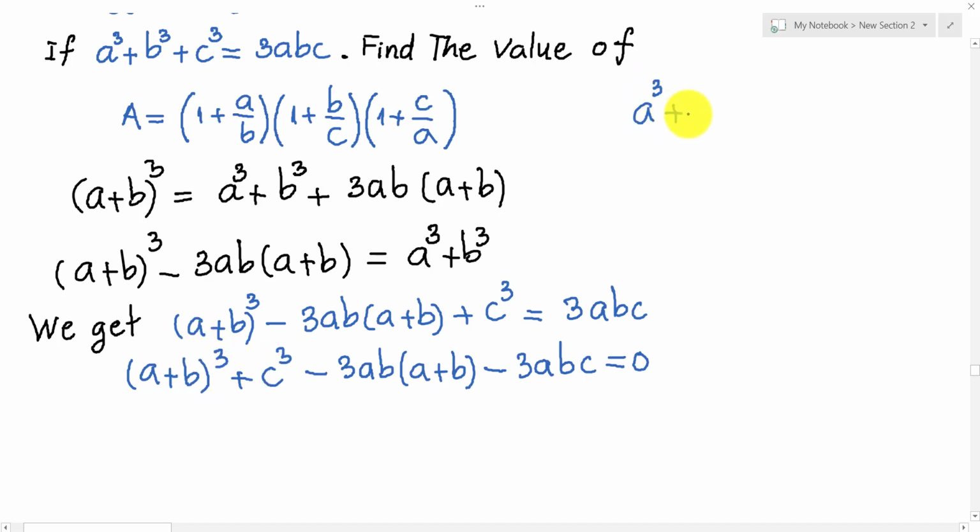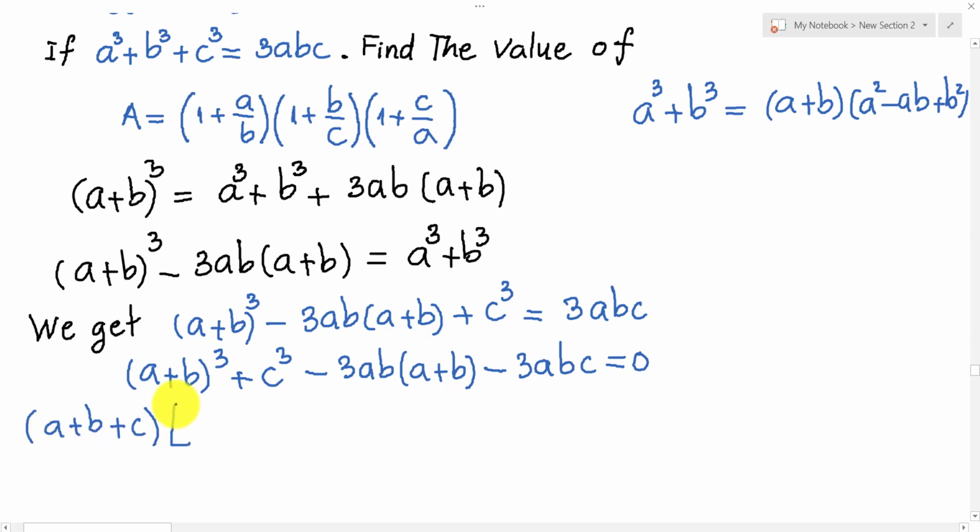Now this, I use the rule: a power 3 plus b power 3 is equal to (a plus b) multiplied by (a square minus ab plus b square). So I take this as a and this as b. I get (a plus b plus c) multiplied by ((a plus b) squared minus (a plus b) multiplied by c plus c square).